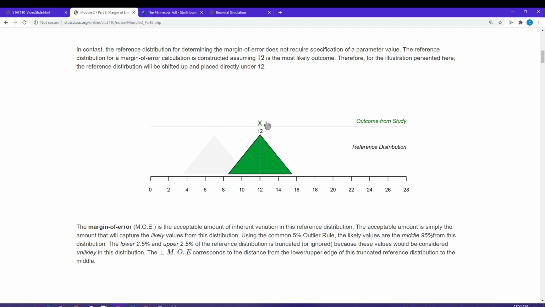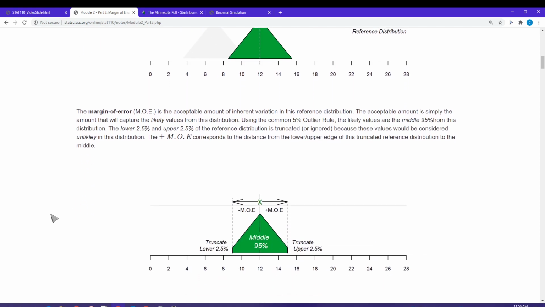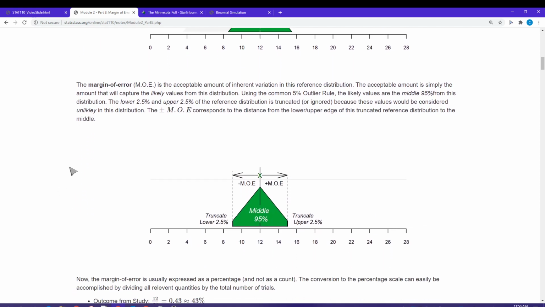So my study outcome in this example was 12, so I'm going to set the reference distribution directly under 12. Now, the margin of error is the acceptable amount of inherent variation that exists in our reference distribution. The acceptable amount is simply the amount that will capture the likely values in this distribution.